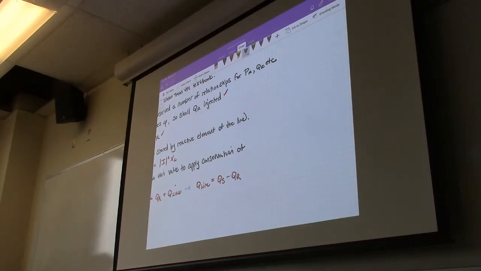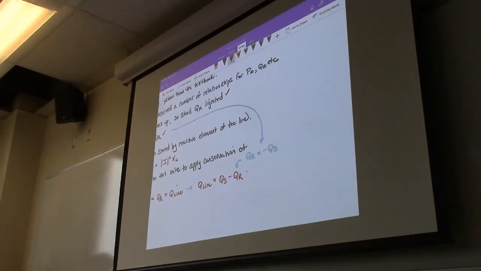We know that QR is equal to negative QS, right? That comes from all the way up here. And so then we can say it's equal to 2 times QS.